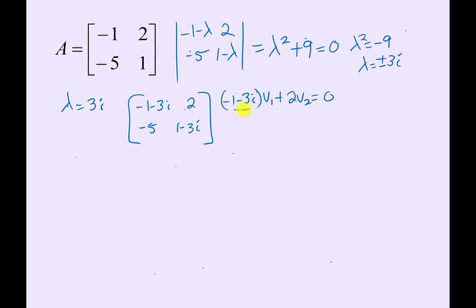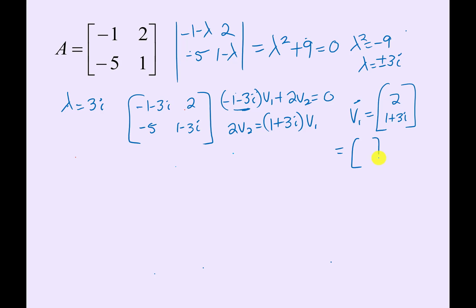So I'm going to move this one to the other side, so I'll have 2v2 equal 1 plus 3i v1. So for our eigenvector, let's choose for v2, let's do 1 plus 3i, and so v1 is going to be 2. So there's our eigenvector.